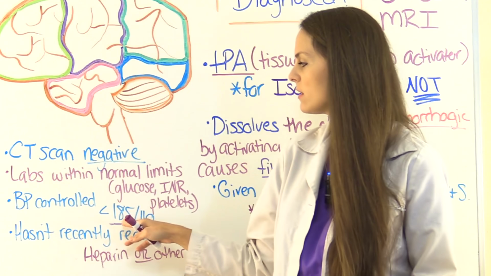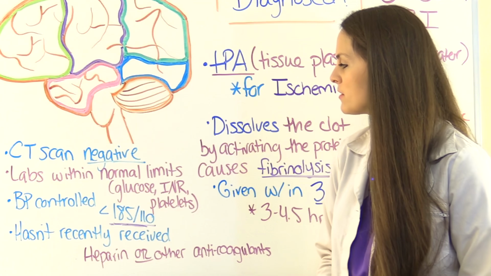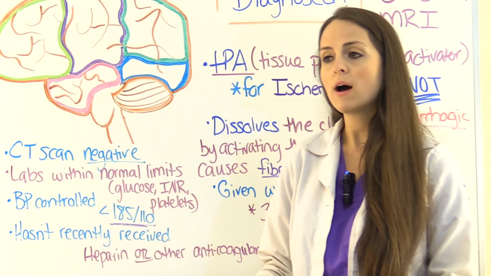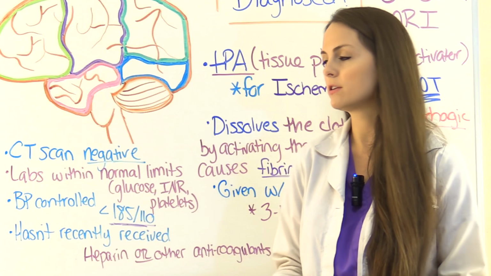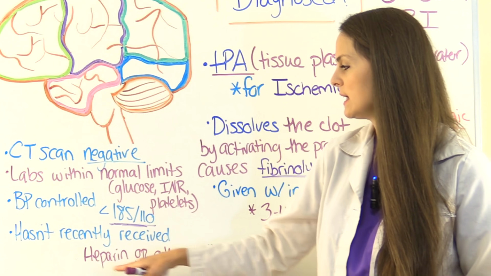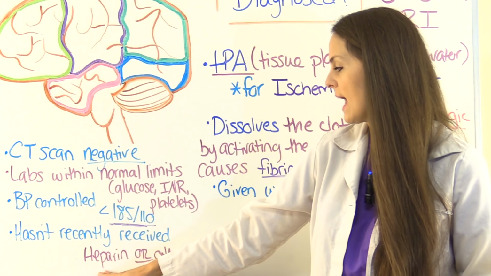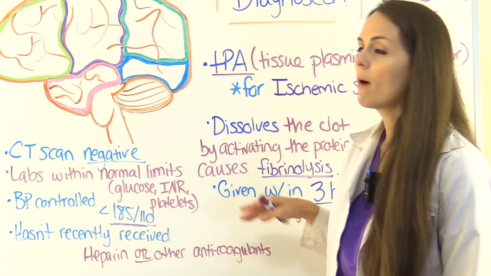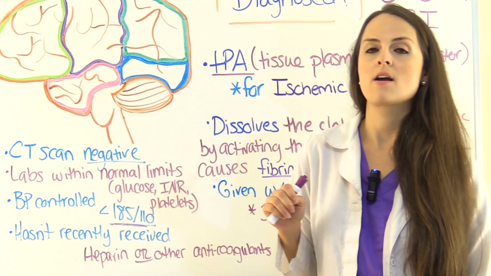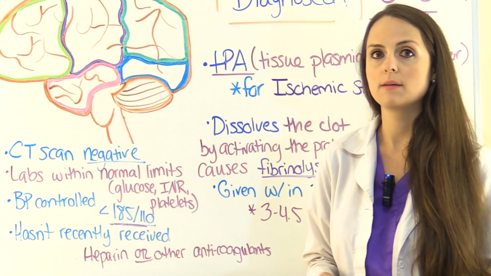You want the systolic to be less than 185 and their diastolic to be less than 110 before giving tPA. And while they're getting tPA, you want to keep that blood pressure within a good range. Also, it's important that they haven't recently received any drugs like heparin or any other anticoagulants, because we don't want to increase their chances of bleeding.